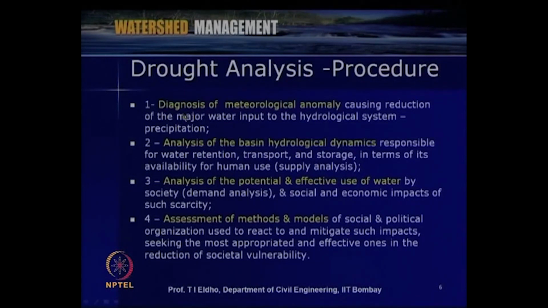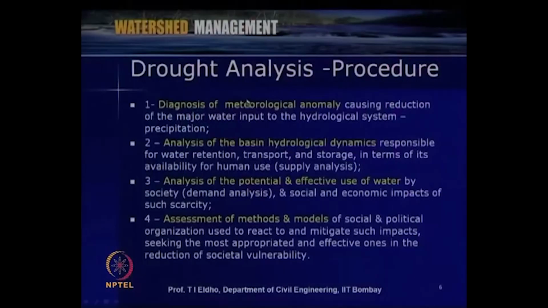As we discussed, drought is generally due to the meteorological anomaly as far as rainfall is concerned. So, when the rainfall reduces for the particular watershed or hydrological system, we have to see the effects of that. What will be the effects of reduction in the precipitation? That is the first step, the diagnosis of the meteorological anomaly.